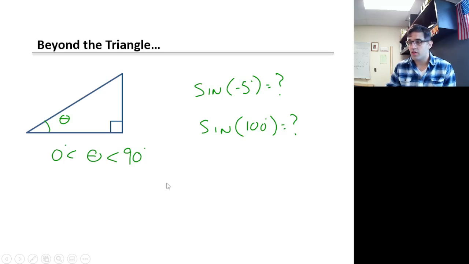So using right triangles to understand trig is a good start, but it's very limiting. For example, we can't use a right triangle to find sine of -5 degrees, and we can't use a right triangle to find sine of 100 degrees, or cosine or tangent of those degrees either.